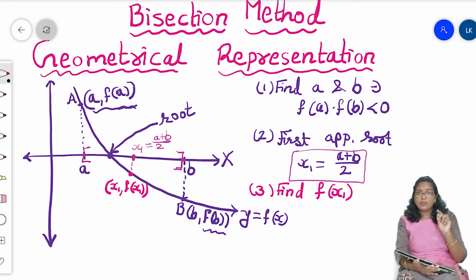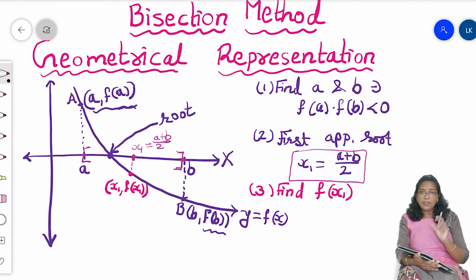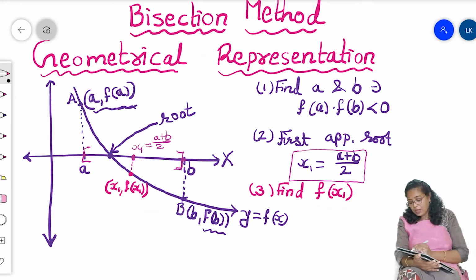We know the standard theorem: if f(a) is positive and f(b) is negative and we join A and B, then it always intersects the x-axis, and this intersection point is our root.